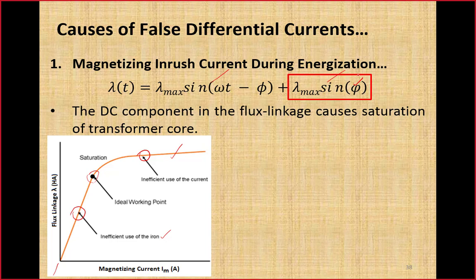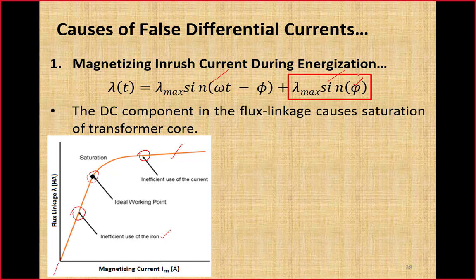If voltage is moving from the negative cycle to the positive cycle and switching is taking place at that zero crossing, the DC offset will be maximum and positive. And if voltage is switching from the positive cycle to the negative cycle and switching is taking place at that zero crossing, this DC offset will be negative and maximum.